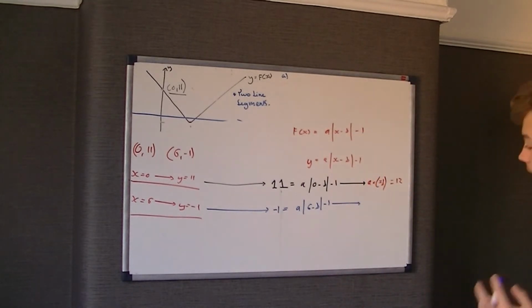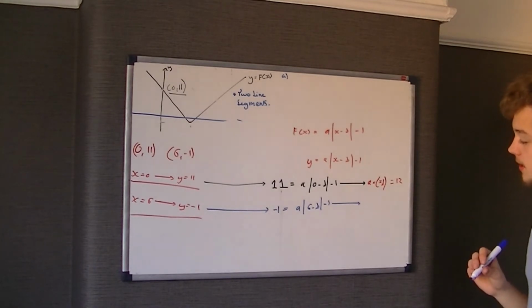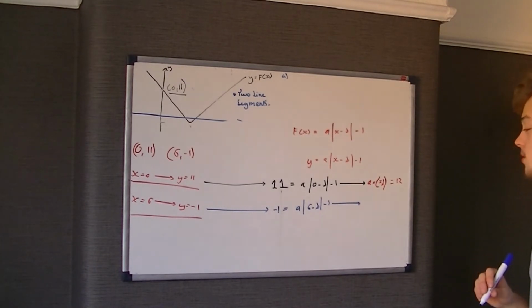If we move the minus 1 over, we get a times the modulus of 6 minus b is equal to 0.